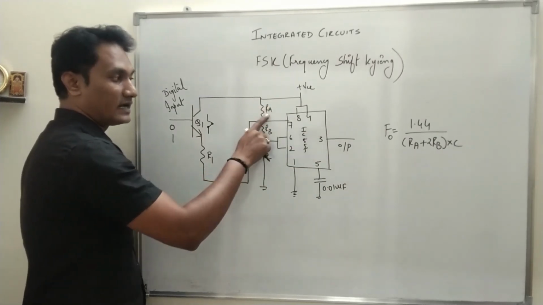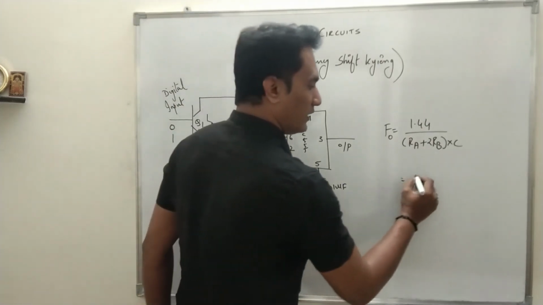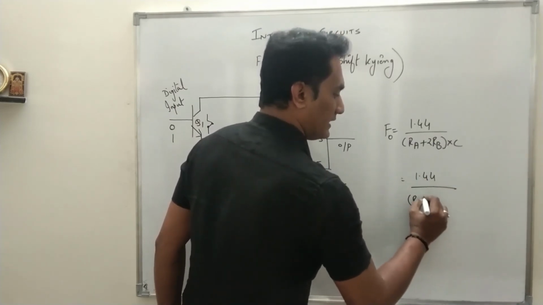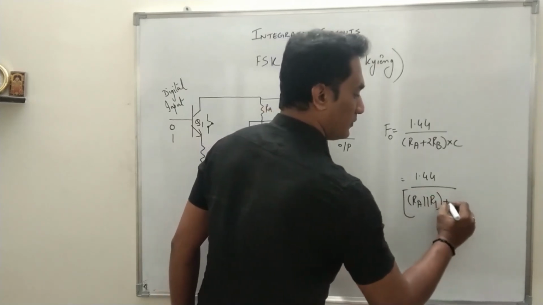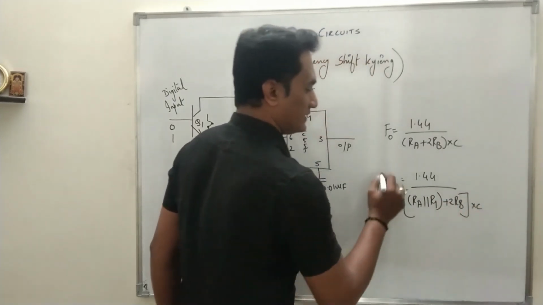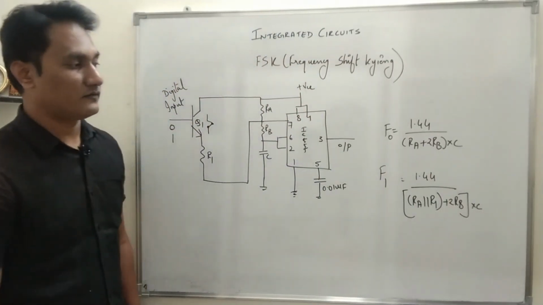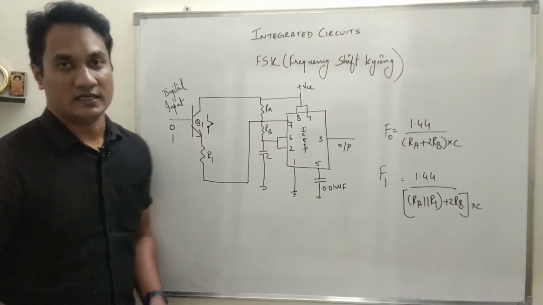Initially it was only RA, now R1 comes in parallel with RA. So the formula is 1.44 upon (RA parallel R1 plus 2RB) multiplied by C. So this is the frequency when the input is 1: F1 is 1.44 upon ((RA parallel R1) plus 2RB) into C.